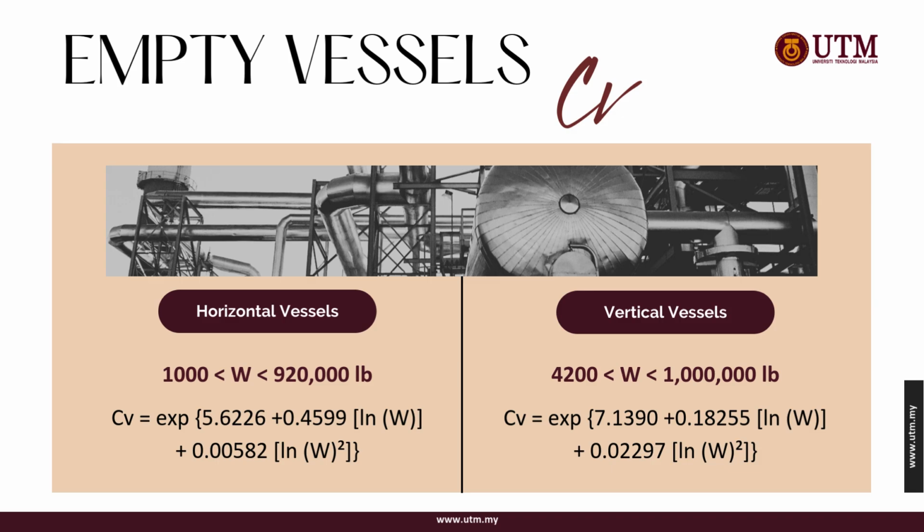For horizontal vessels, when the weight is between 1,000 and 920,000, the formula is given as follows. The same goes for vertical vessels with weight between 4,200 and 1 million. The formula is given in the table. So these equations allow us to estimate the cost based on the weight of the vessels and their orientation.